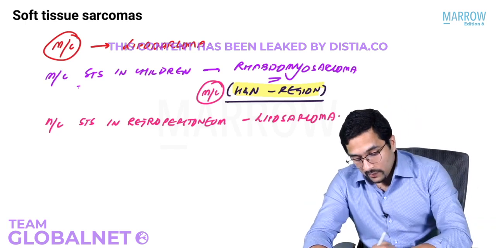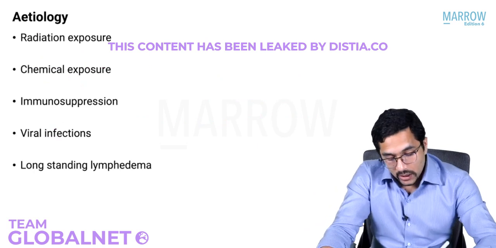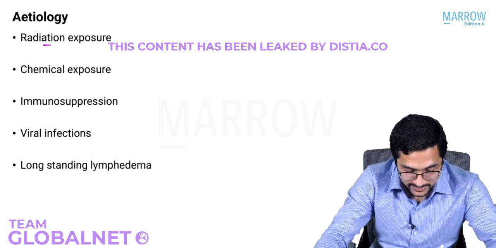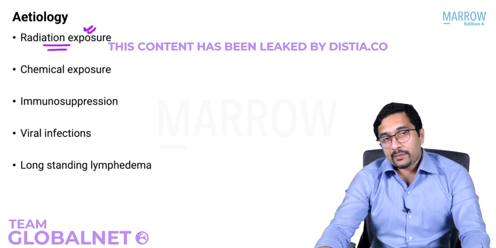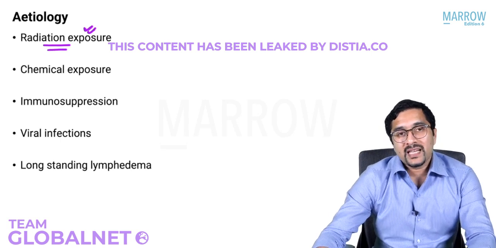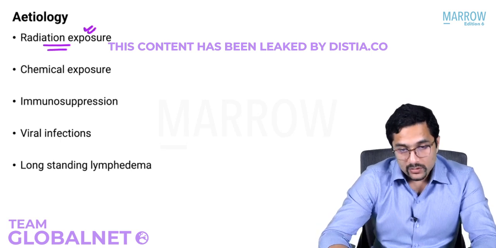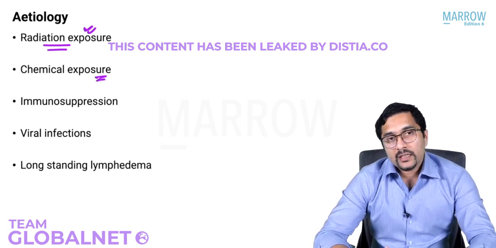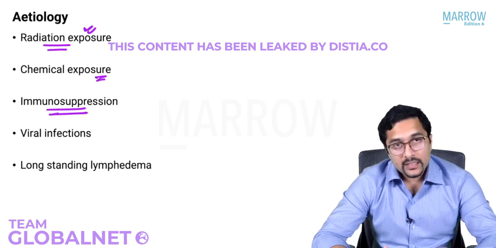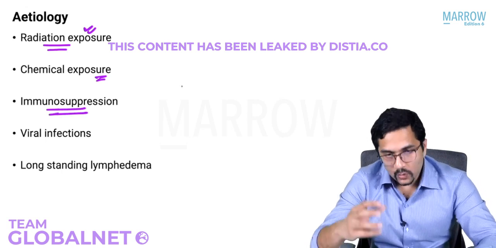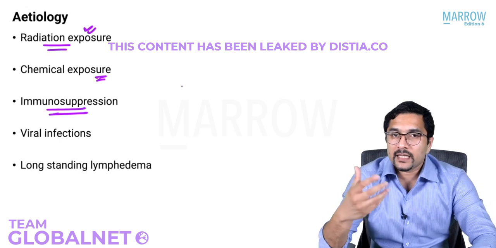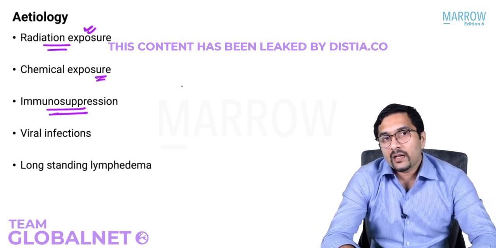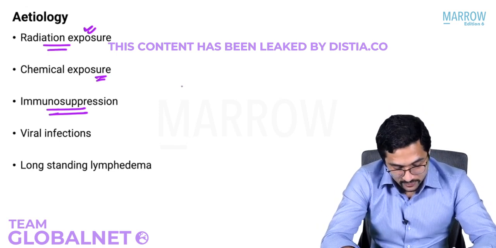Okay. Now if you look at the etiology of soft tissue sarcomas, radiation exposure can predispose to soft tissue sarcomas, like osteosarcomas can also occur after radiation exposure. Chemical exposure, immunosuppression. So immunosuppression, we know that patients who have undergone transplants are at a higher risk of developing sarcomas as well.